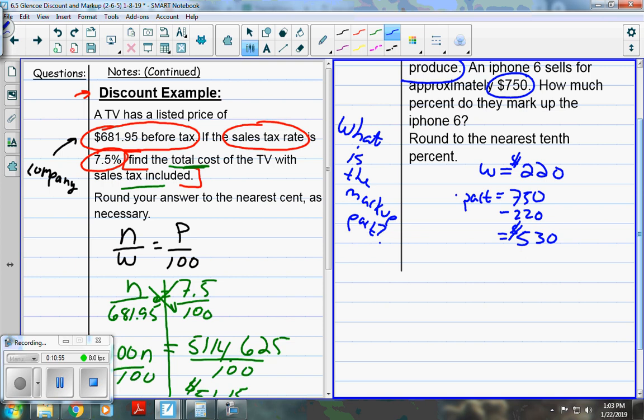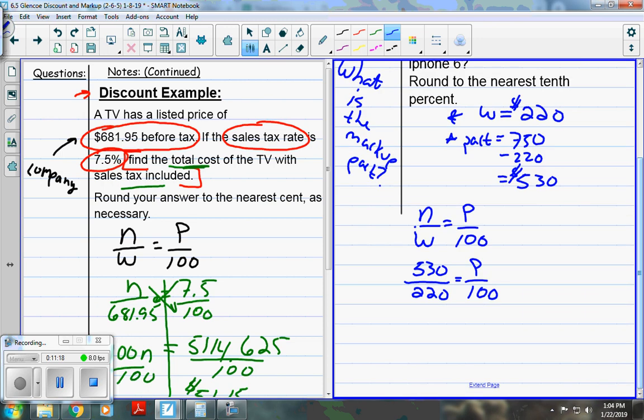And now we want to find out what percentage this got marked up. So we have our part and we have our whole, and we're going to substitute them into the percent proportion. We're going to substitute in 530. Again, another example where our part is larger than our whole, and we actually have to find the percent.